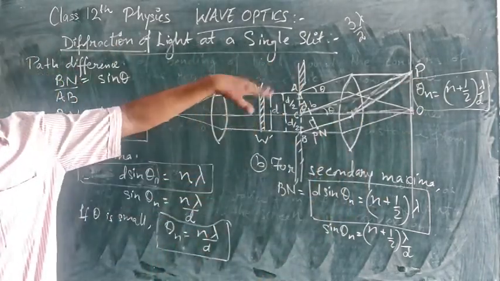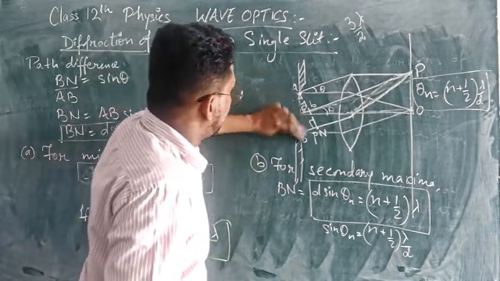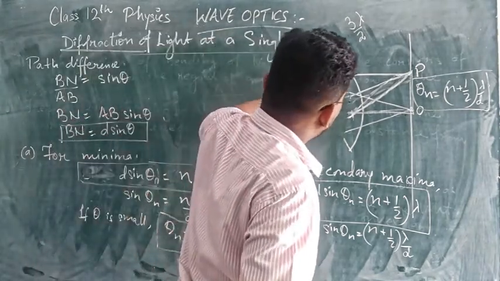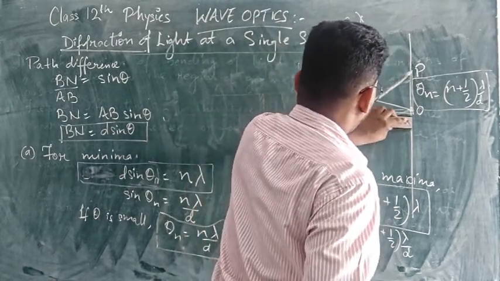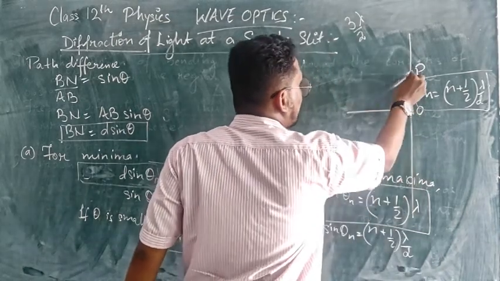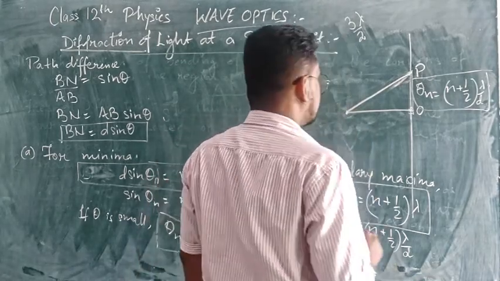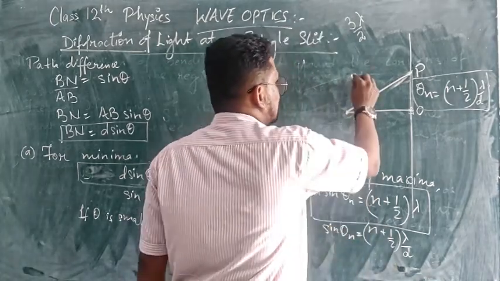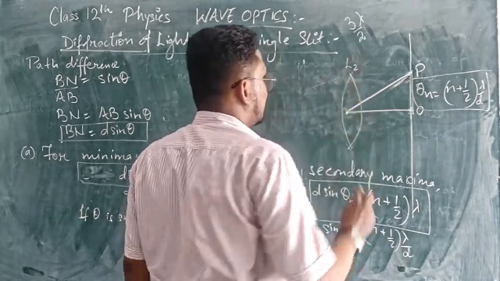I am erasing everything else of the diagram, just leaving that part there, from the center of our lens. Now, there was the lens. Let me have this lens only, nothing else. This is lens 2, L2.